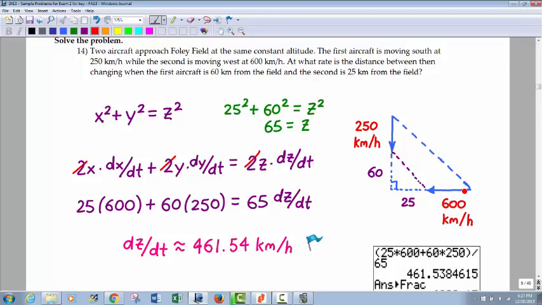Because since those lengths of distances are decreasing, you could easily argue that this is negative 600 and negative 250, which would then make that answer negative. That would be the only difference. All the other numbers are in the correct location.